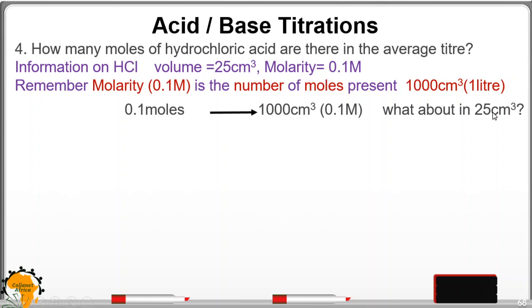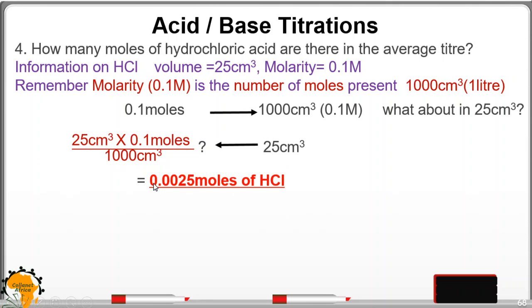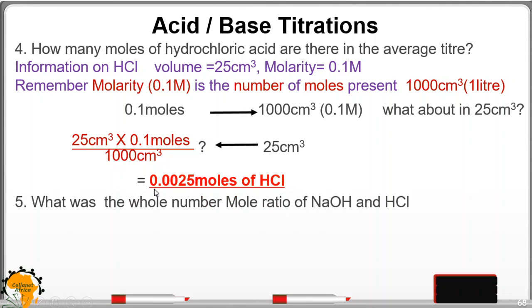So what about in 25? You cross multiply 25 times 0.1 divided by 1,000, and the centimeters cancel out to get 0.0025 moles of HCl. So now we have the moles of HCl and the moles of sodium hydroxide.